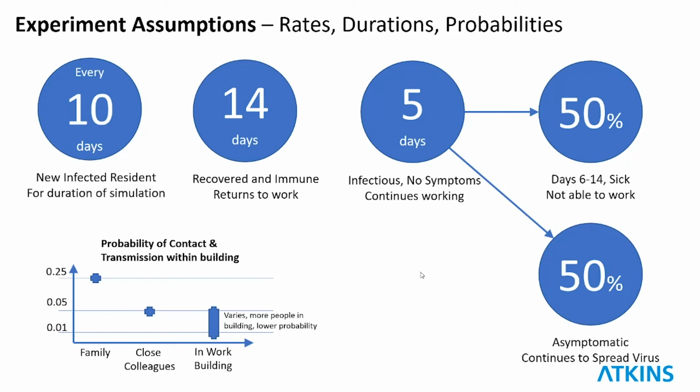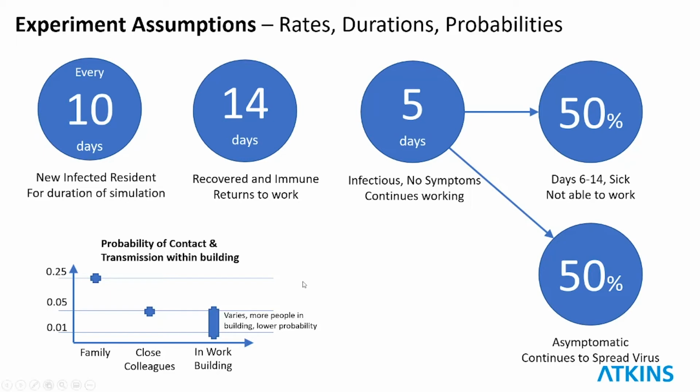So once you're infected, it's 14 days before you are recovered and immune. It's a 5-day period before you start to show symptoms. Everybody's asymptomatic for the first 5 days. And then there's a 50% probability that you will become sick and not able to work if you are infected once you hit the 5 days.